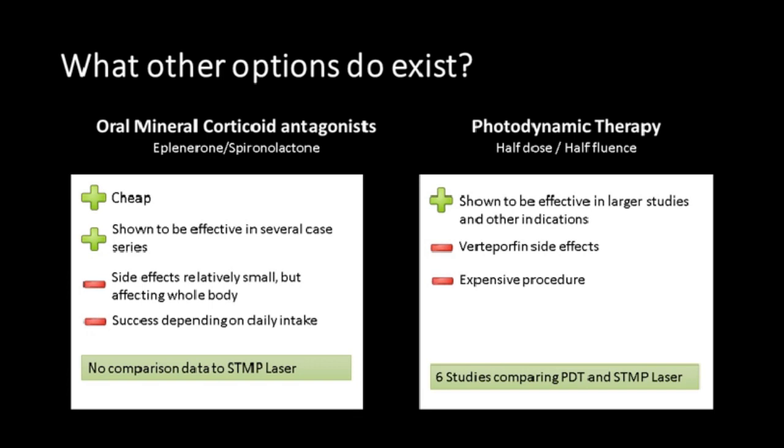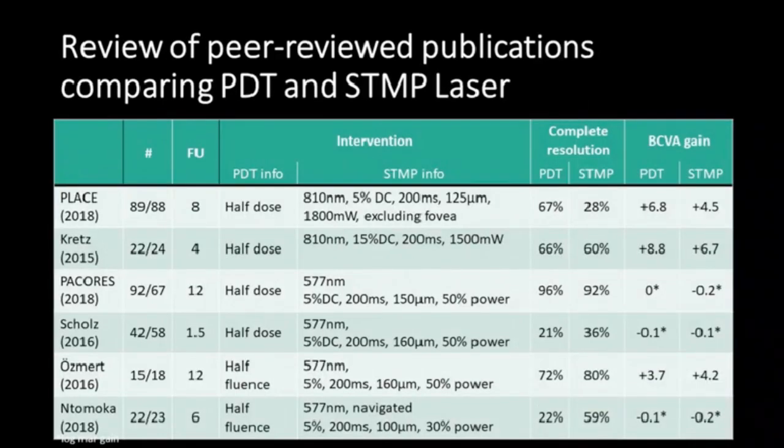So for me, the focal laser to a hot spot is my first treatment. But my second treatment is to consider subthreshold micropulse versus the Eplerenone, or for those with a really big choroid where they can get PDT, considering half dose or half fluence PDT.